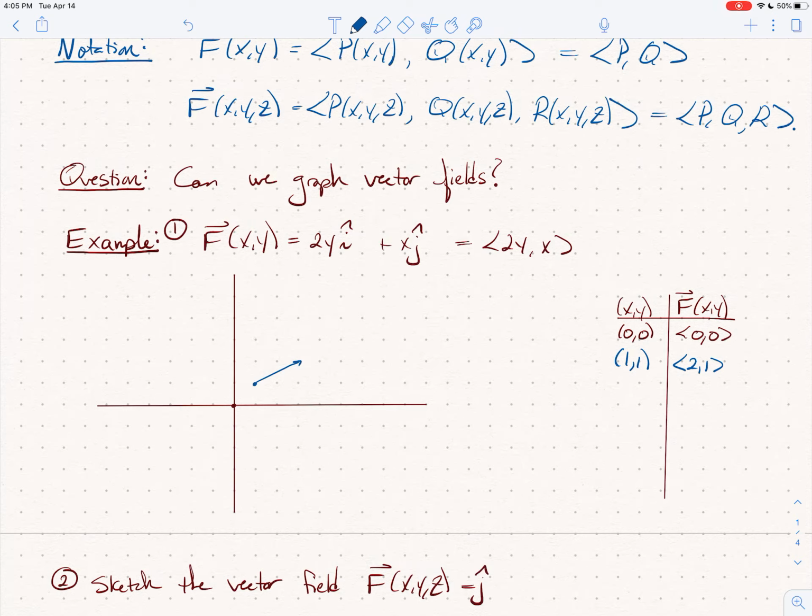Does that make sense? So we're going to position the tail of the vector at the point that I plugged in. So I plugged in 1, 1. I got out 2, 1. So I position the vector 2, 1 where the tail of 2, 1 sits at the point 1, 1.